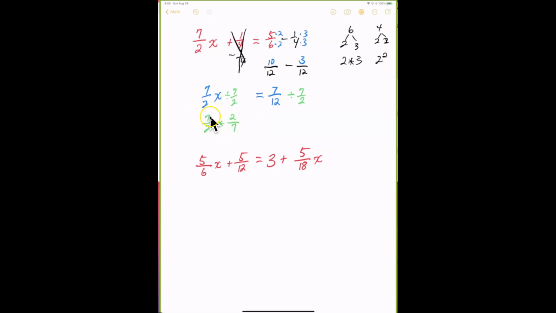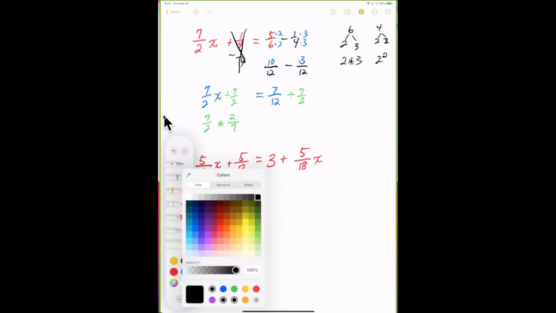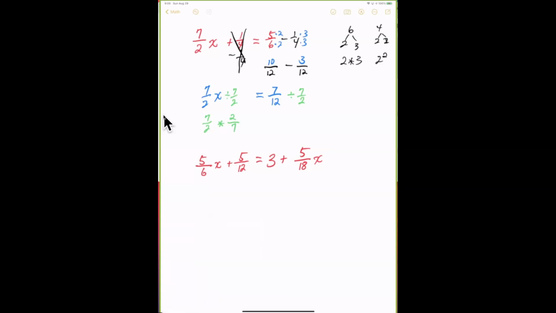And this will give us 1, right? We could do the canceling out thing. Let's change colors again. 7 and 7 can be divided by each other to leave 1 over 1, and then 2 and 2 divided by each other is 1 over 1. So 1 times 1 is 1 over 1, and that's equal to 1. And so 1x, which is equal to x.